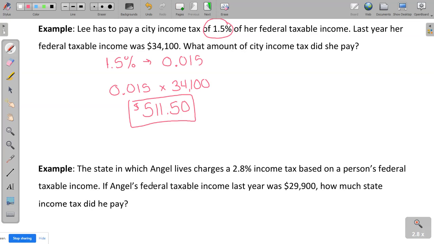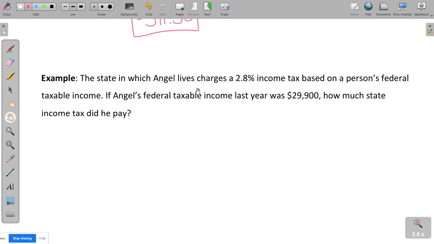I want you to do the next problem. Pause the video, then come back and check your work. The state in which Angel lives charges a 2.8% income tax based on a person's federal taxable income. If Angel's federal taxable income last year was $29,900, how much state income tax did he pay?